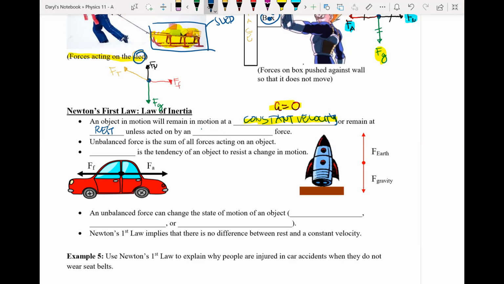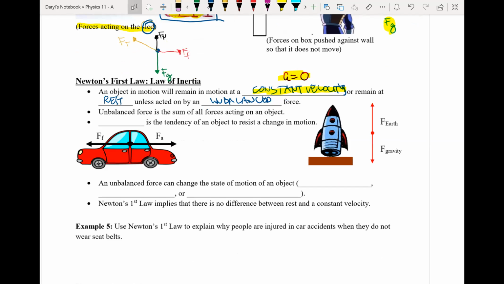Unbalanced force. The unbalanced force is the sum of all the forces acting on the object. So it's very important that you take the sum.